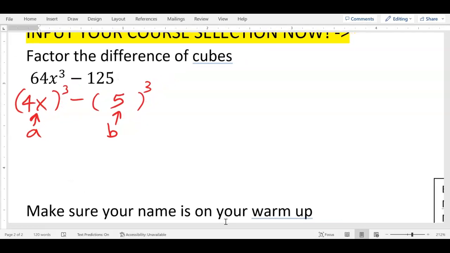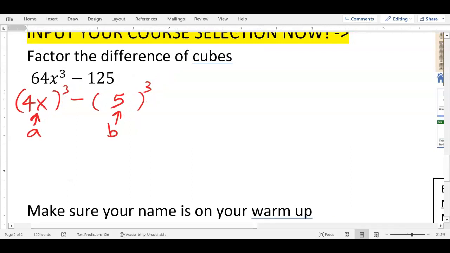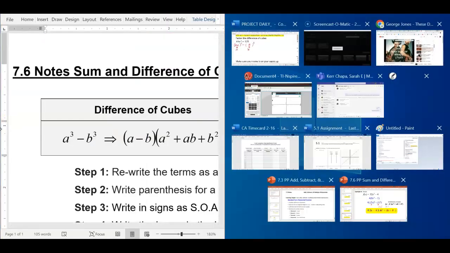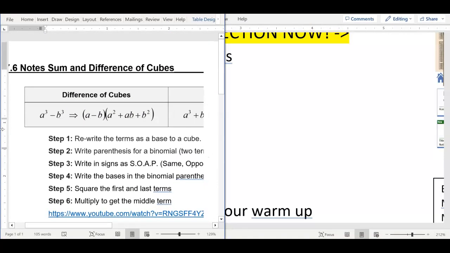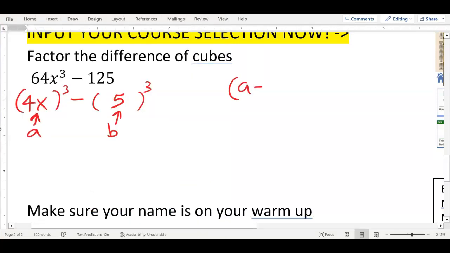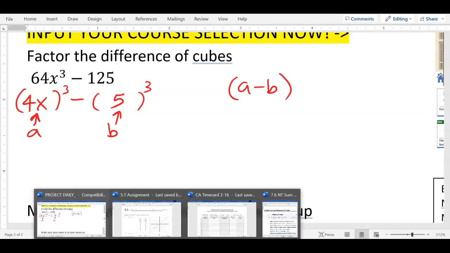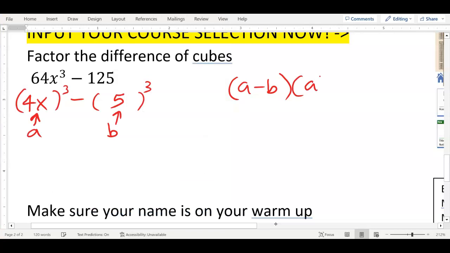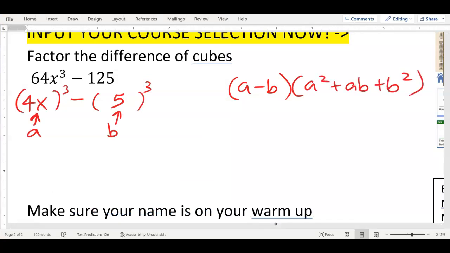Look over here. So you got A, you got B. What we need to do is write down that formula for the difference of cubes. Back to my notes, I should say. Here's my difference of cubes. Let's write this down over here. So we're going to have A minus B times A squared plus AB plus B squared. Does everyone know where I got that formula from?